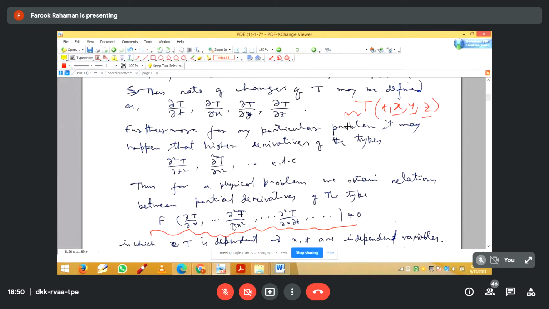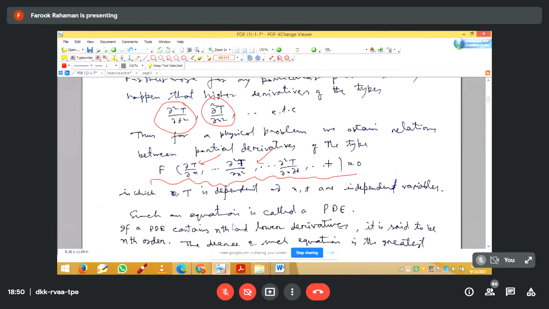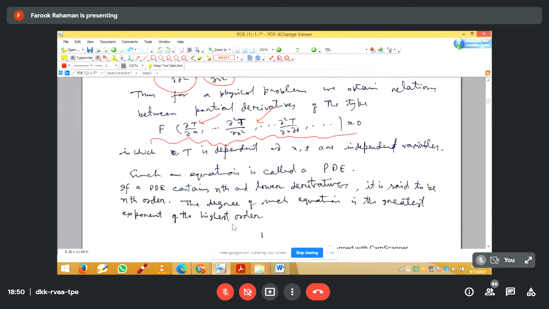Okay. Now, an equation involving partial derivatives is known as a partial differential equation. It's very easy. If the partial differential equation contains the nth derivative and its lower derivatives, then it is said to be a partial differential equation of nth order.